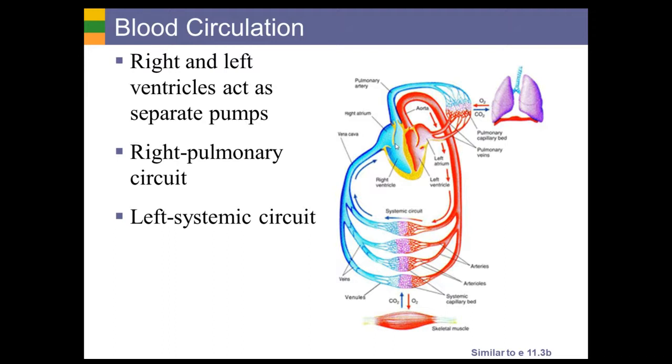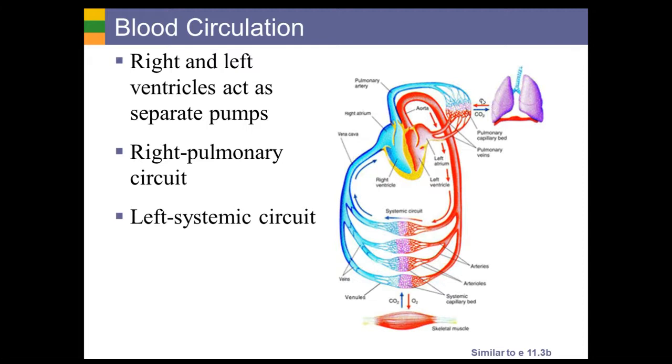That's blood that's low in oxygen, high in carbon dioxide. And the red color coded blood indicates oxygenated blood that's high in oxygen, low in carbon dioxide. The right side of your heart is receiving deoxygenated blood from the body, from the systemic circulation. So it pumps deoxygenated blood through the pulmonary circuit to the lungs.